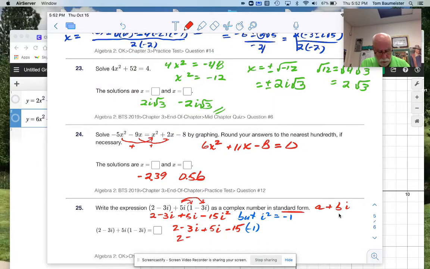So I'll get 2 minus 3i plus 5i plus 15. Put the whole numbers together, that's 17. Put the two i's together, that'll be plus 2i. So your answer is 17 plus 2i.